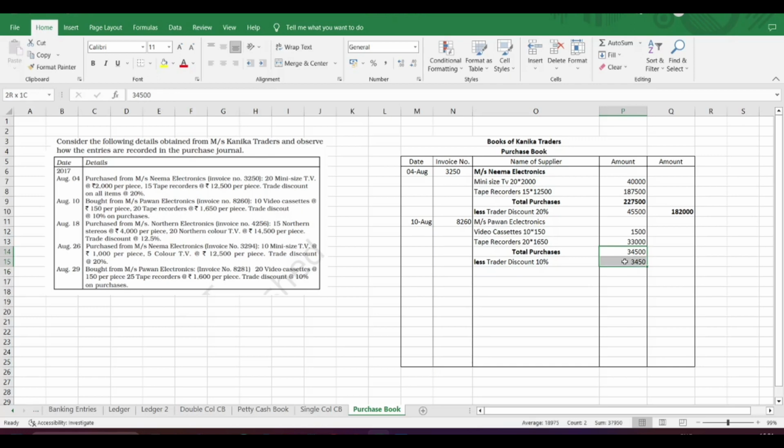So from total purchase, if we deduct 3,450, our total credit purchase will be 31,050 from Pawan Electronics. Transaction is on 18th August. Invoice number 4256 from Northern Electronics.